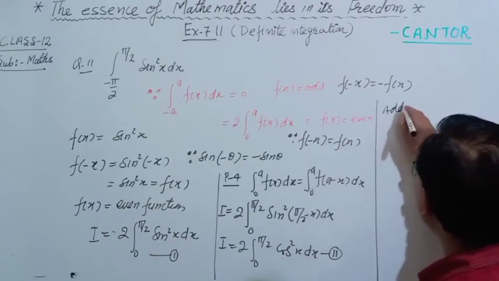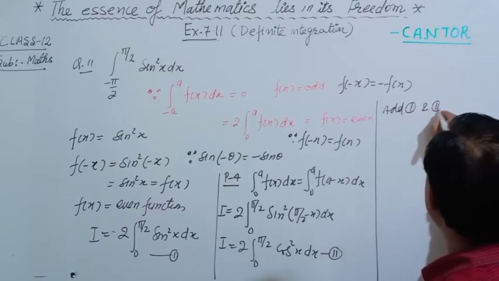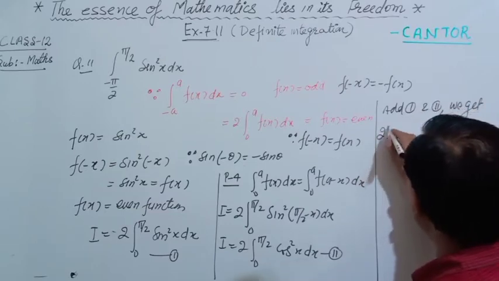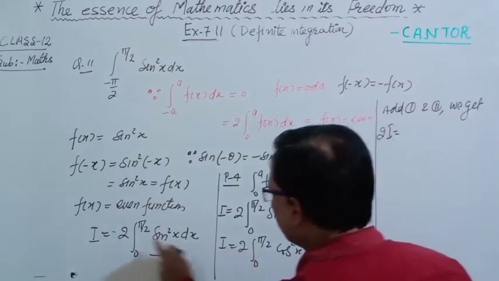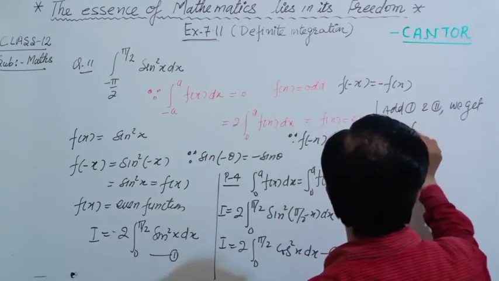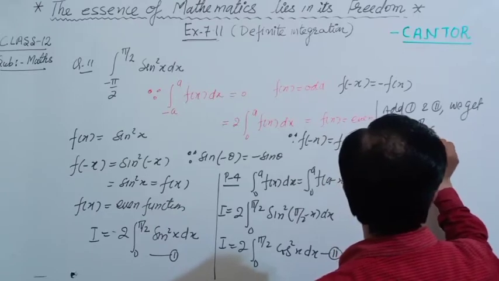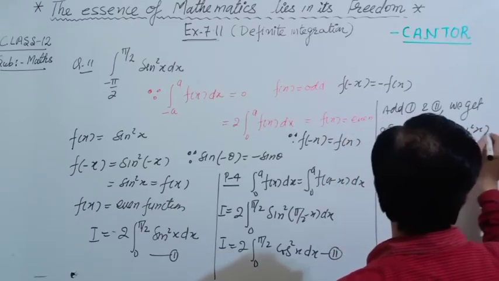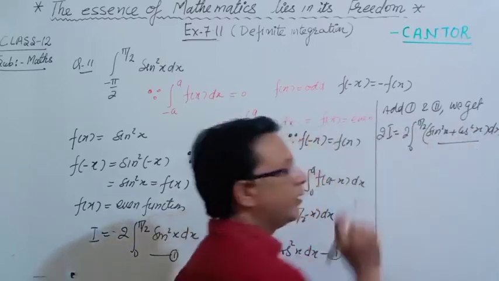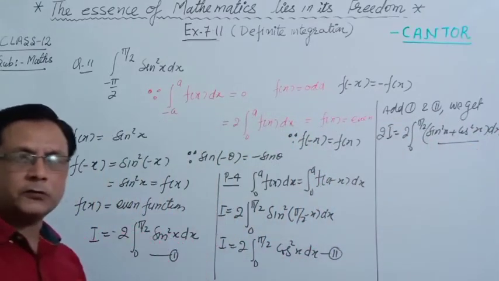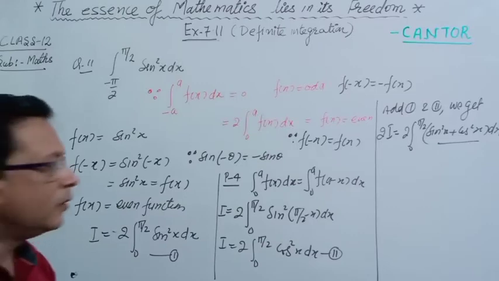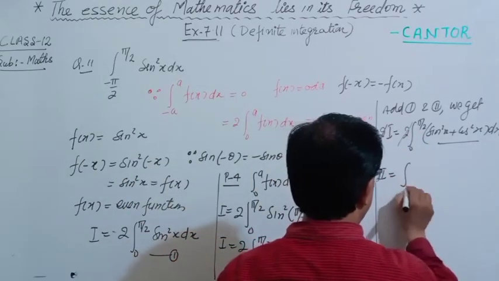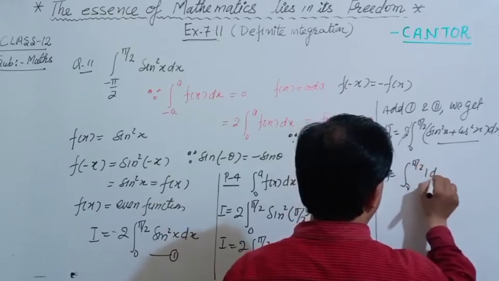Adding first and second, we get 2I is equal to, here we see that the 2 is common. So we take common 0 to pi by 2 (sine square x plus cos square x) dx. And this is the very important formula: sine square x plus cos square x is always 1. So 2 cancels out, I is equal to 0 to pi by 2 of 1 dx.